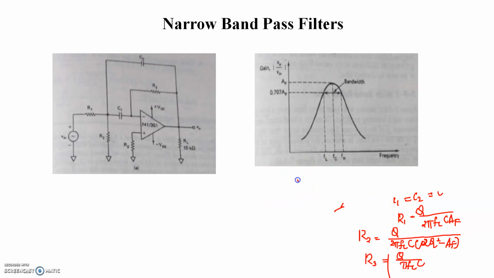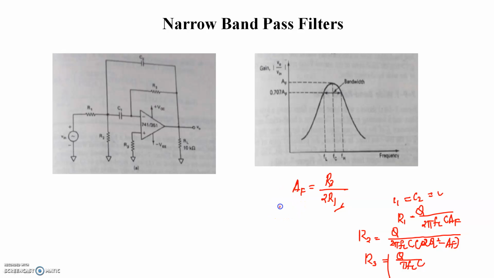It is given as AF equal to R3 divided by 2R1, because here we have two feedback paths, so the gain is different from the inverting amplifier.